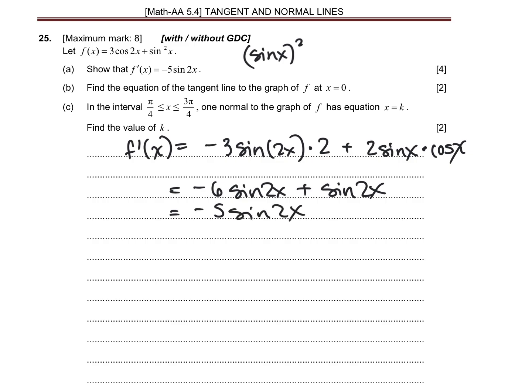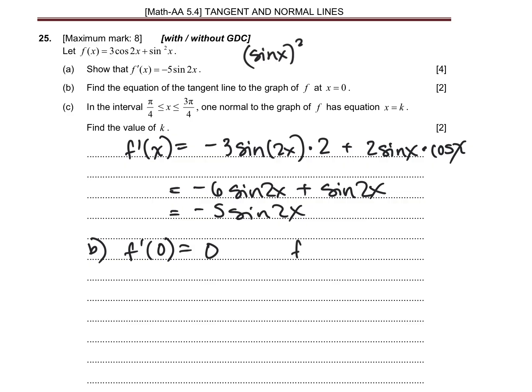Okay. Now, find the equation of the tangent line to the graph of f at x equals 0. So if we do the derivative at 0, sine 0 is 0, so 0. And that means that the gradient at 0 is 0, so that's going to be a min or a max again.